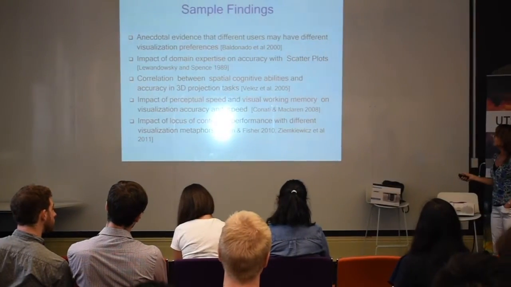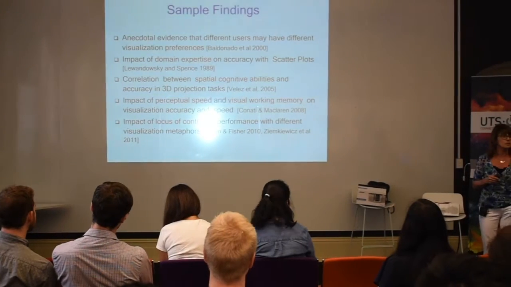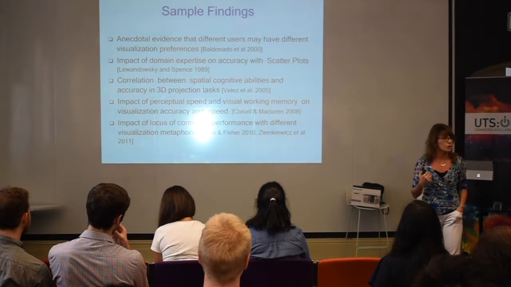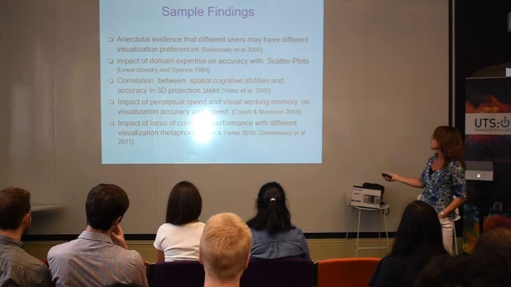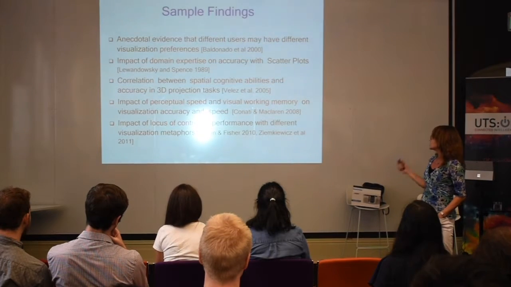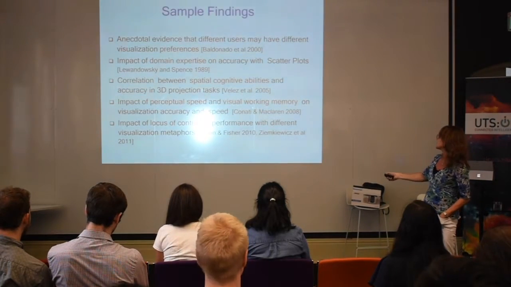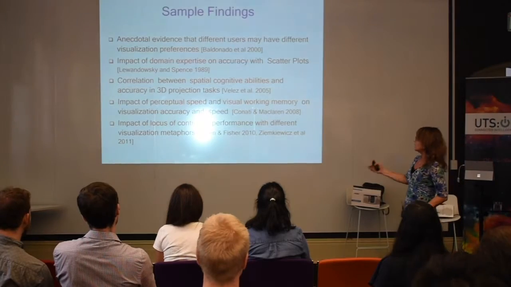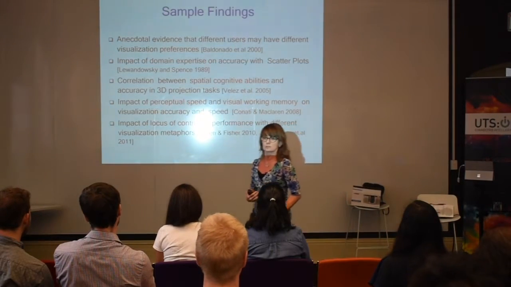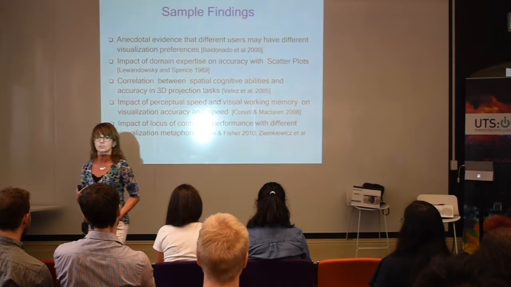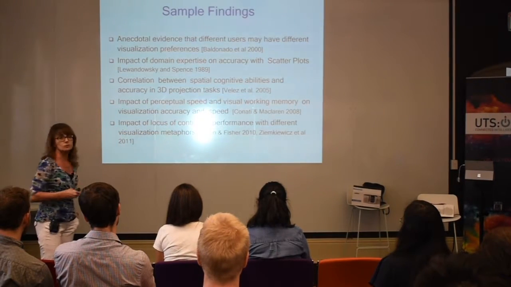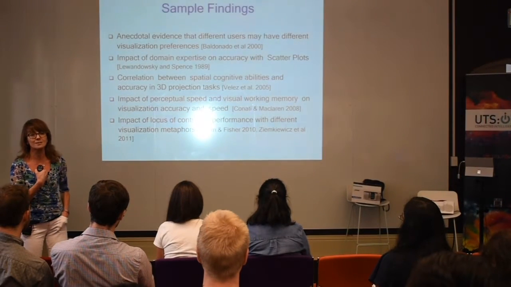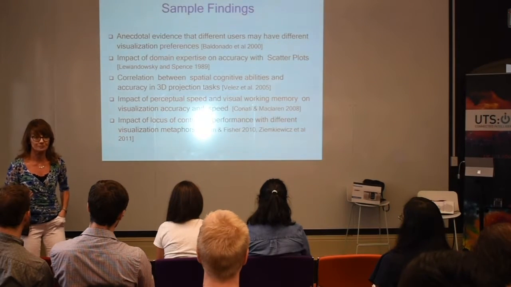Very dense slide, you don't have to read the text, just look at the red stuff that essentially says what previous research has shown could have an impact on visualization processing, and these are things like preferences, domain expertise, some cognitive abilities related, for instance, to spatial processing, perceptual speed, visual working memory, and people even found that there are some personality traits that impact how people process visualizations, including this one at the bottom, locus of control, that essentially measures one's tendency to believe that one is in control of their own circumstances as opposed to fate being in control, okay?